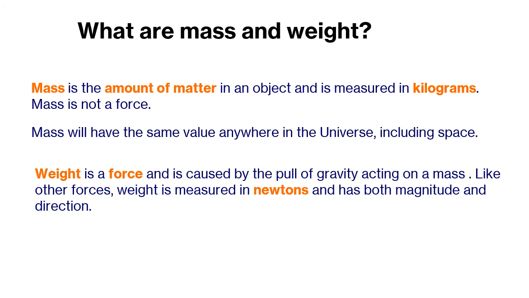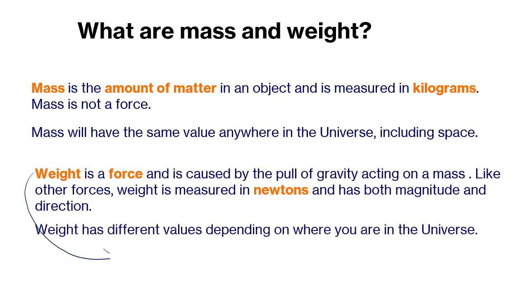So mass is not a force, weight is a force. Which force causes weight? The gravitational force of attraction of the Earth. And the unit of weight is newtons. Weight is a scalar quantity, so that is something that's not written separately in the slide, but you can make a note of that.